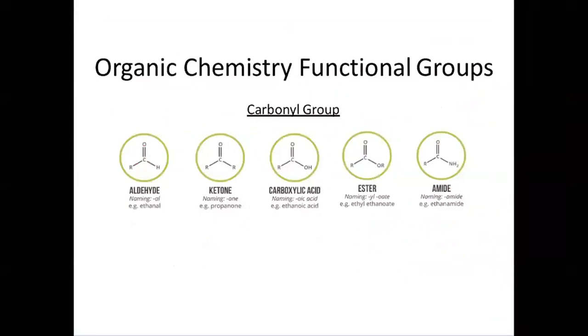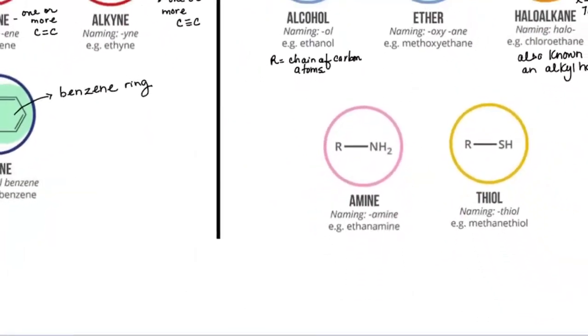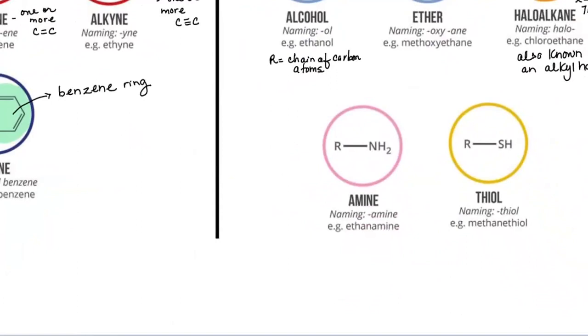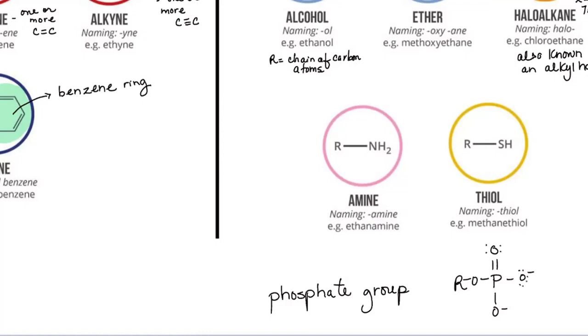Now, in the textbook, let me just emphasize it here. In the textbook, there's one more member of the heteroatomics, which is going to be a phosphate group. So this phosphate group is when you have an R group bonded to a PO4 group.